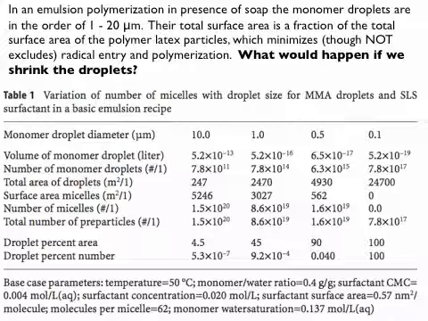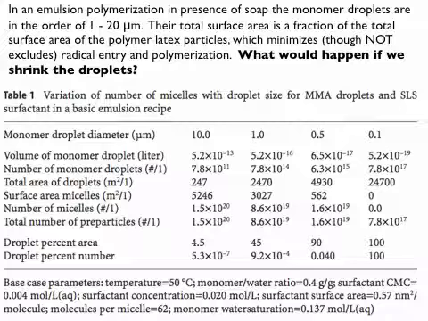As a result, we can calculate all these things that are displayed in this table. So in a typical emulsion polymerization, if I just chuck in my monomer and stir it, my monomer droplet diameter is around, say, 10 microns. And knowing all these things at the bottom, you could calculate it for yourself.